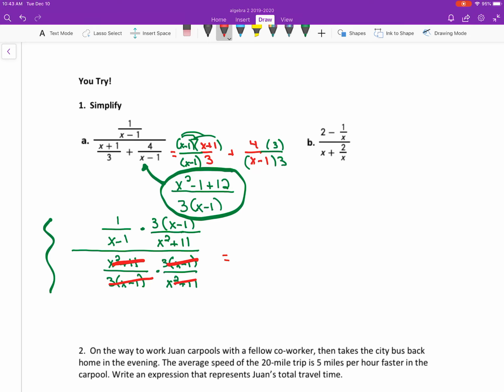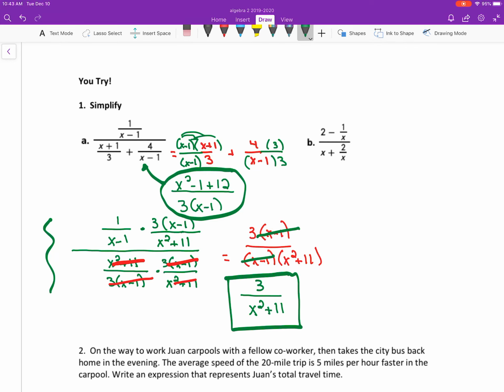So now I am just left with 3 times x minus 1 over x minus 1 times x squared plus 11. Nicely, my x minus 1's cancel, and I'm just left with 3 over x squared plus 11. That is my final answer.